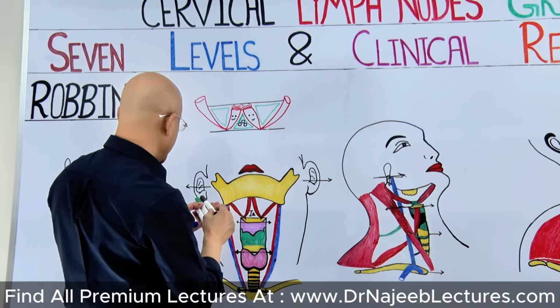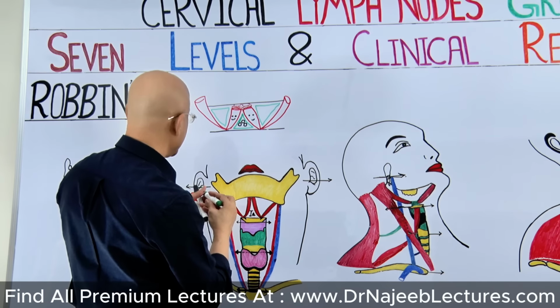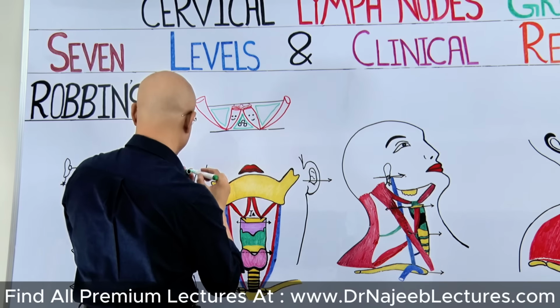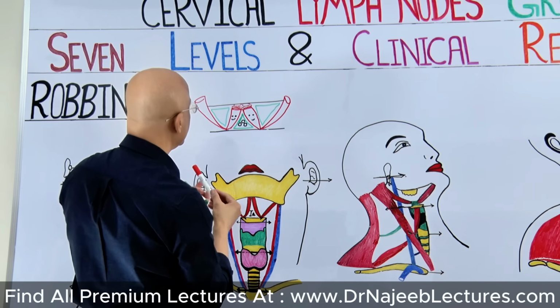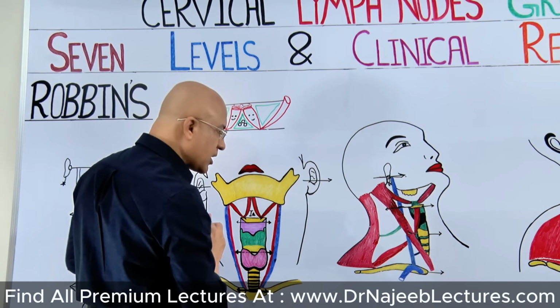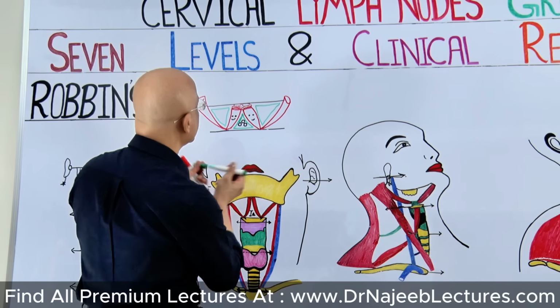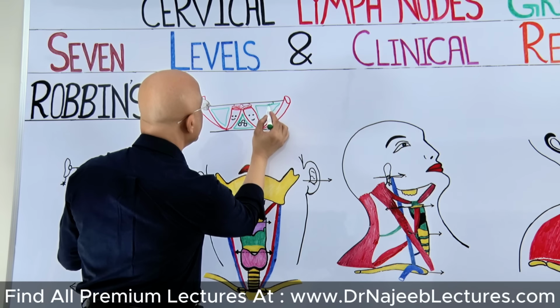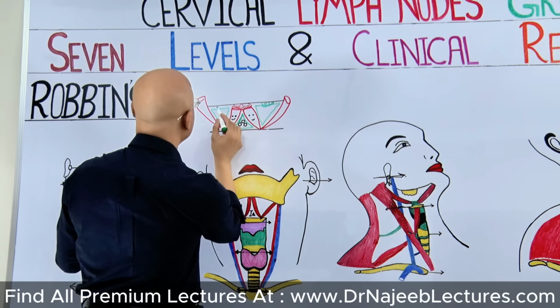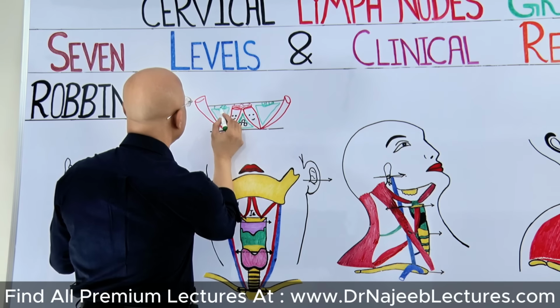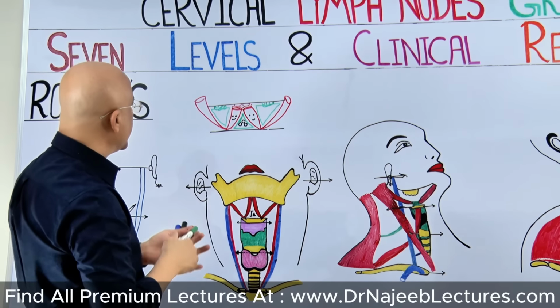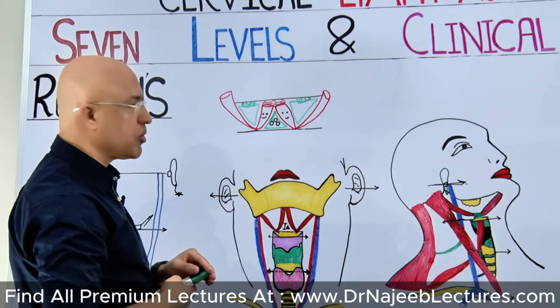Especially I should mention here that here is the submandibular gland. Which color should I show you here? I will make it green. The submandibular gland is here and here. Right now I'm not concentrating on the submandibular gland.